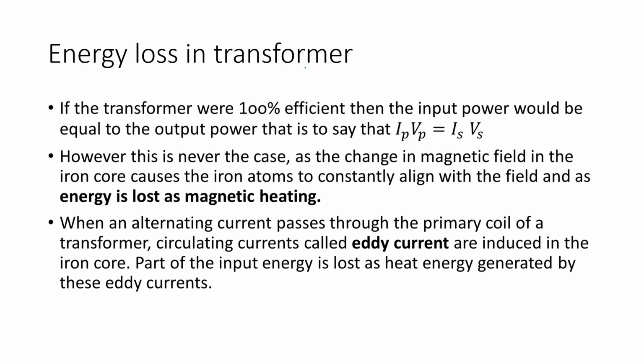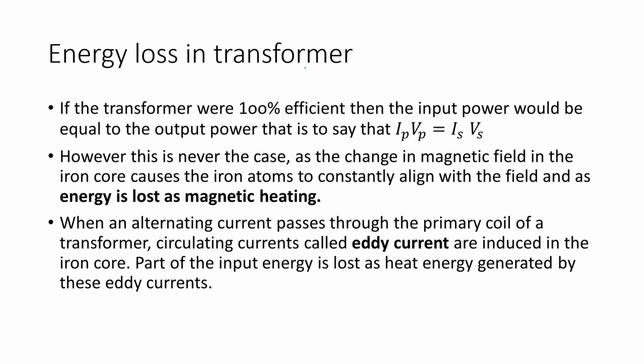However, this is not the case, because the change in the magnetic flux in the iron causes the iron atoms to constantly align with the fields, and energy is lost as what we call magnetic heating.